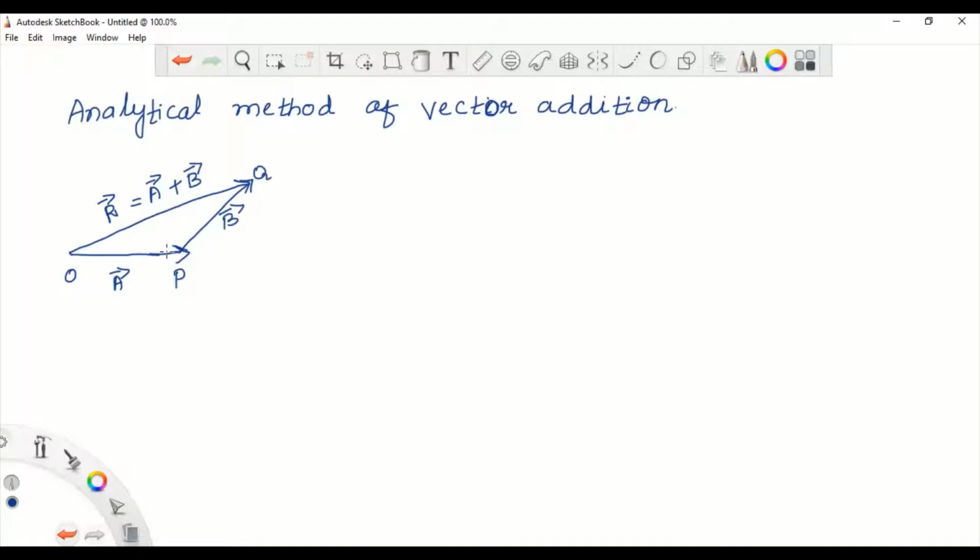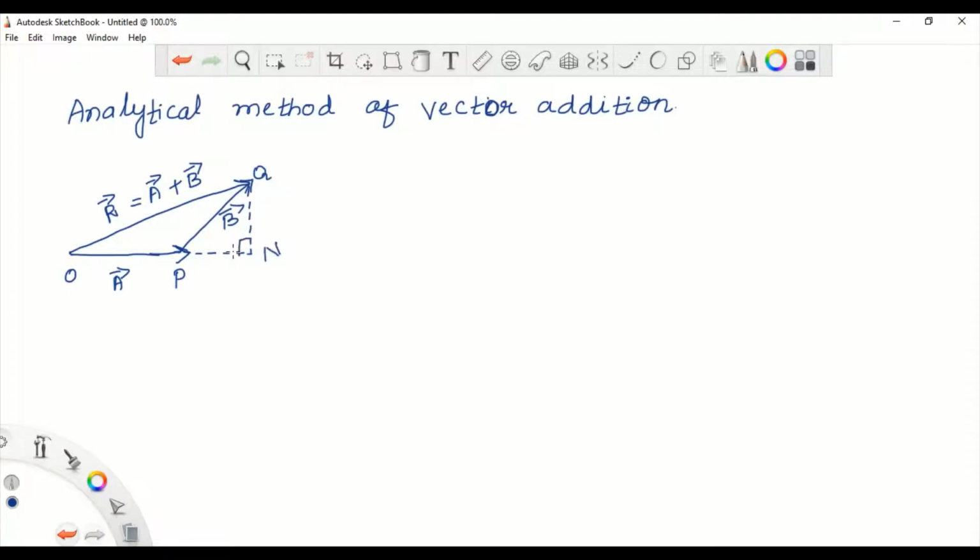In order to find the magnitude of the resultant R, we are going to draw QN perpendicular to OP produced. So, extend this line and draw the perpendicular line QN. So, what is this angle?